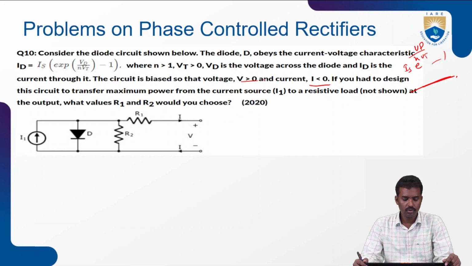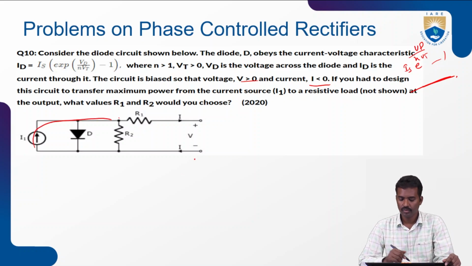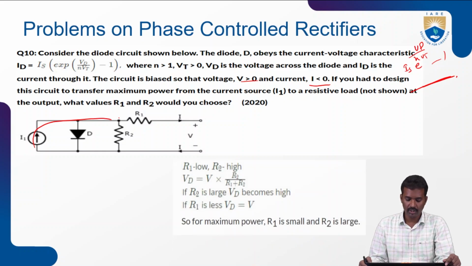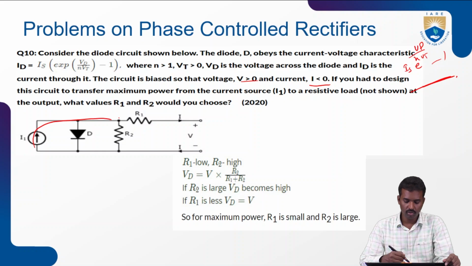If you had to design the circuit to transfer maximum power from the source current to the resistive load at output, R1 and R2 will be maximum or minimum? This is important. So now here Vd equals V by R2 by R1 plus R2, where R1 is low and R2 is high.